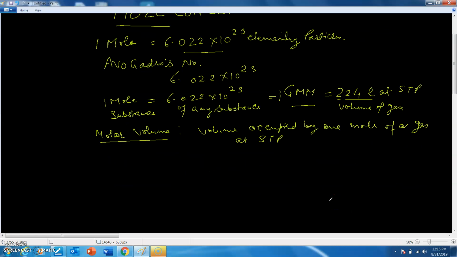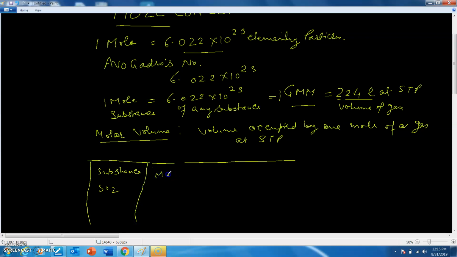Now how to find molar mass in grams or number of atoms that we use for numericals. We can take the example of sulfur dioxide as substance. We can write substance here, and mass of it.